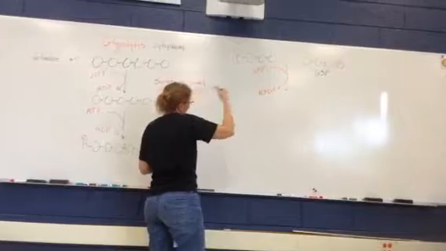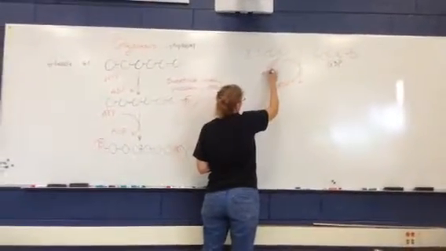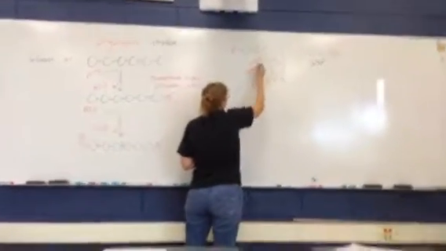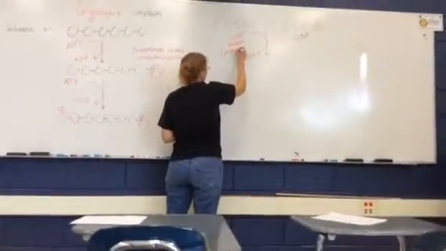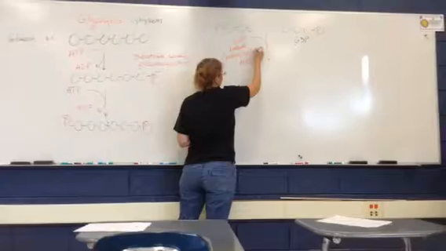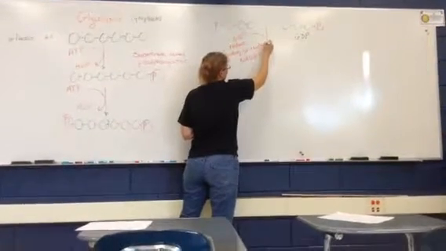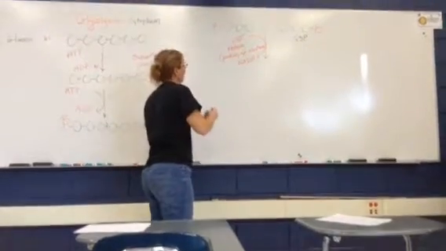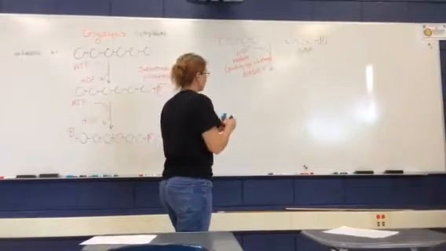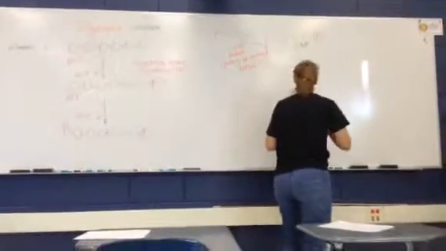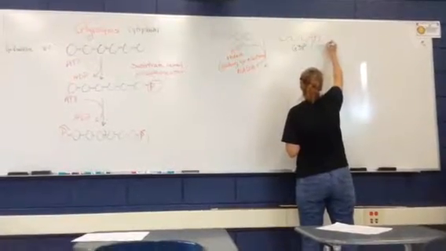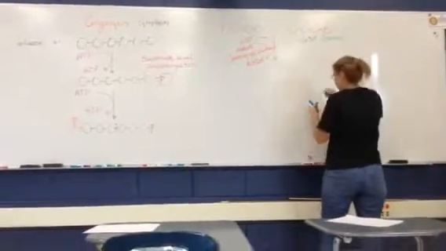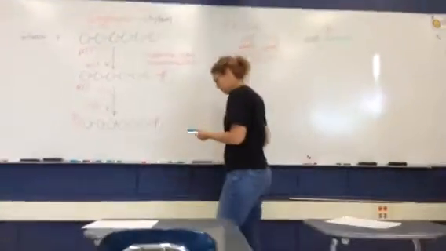Remember we talked about how we reduce NAD+ by picking up electrons. And if that molecule is being reduced, then of course our G3P is being oxidized, giving up those highly energized electrons.